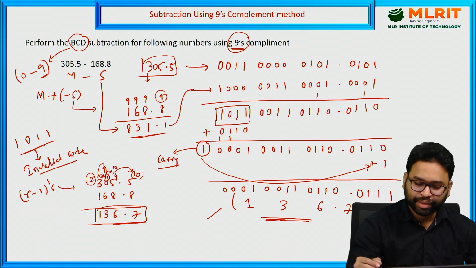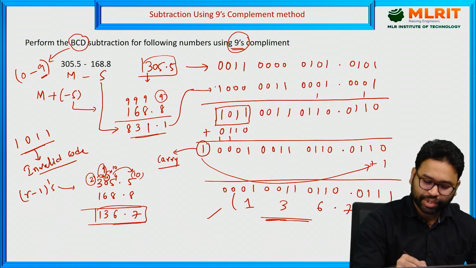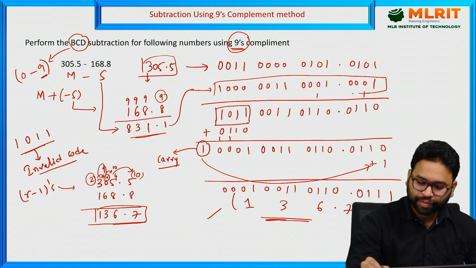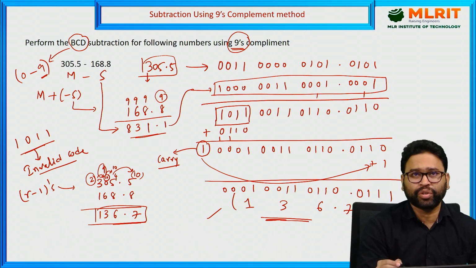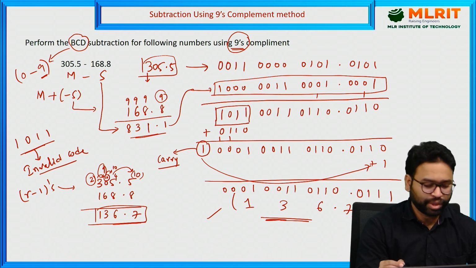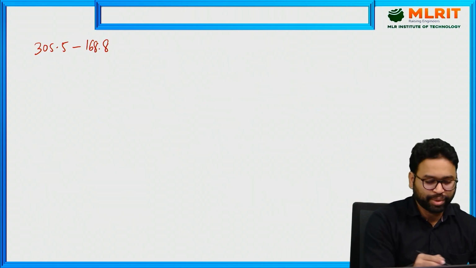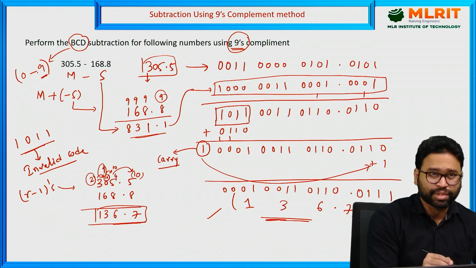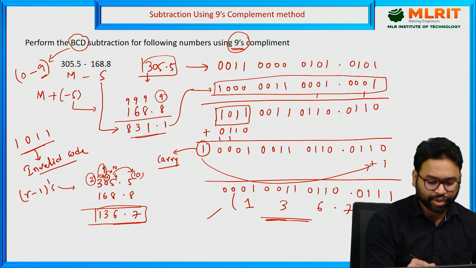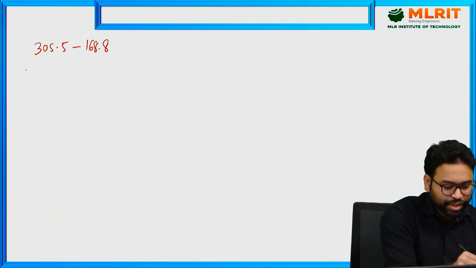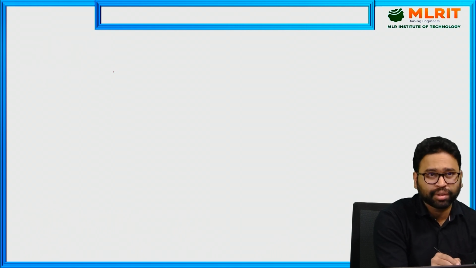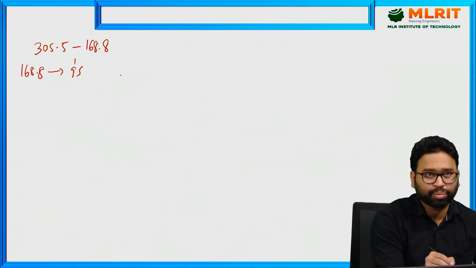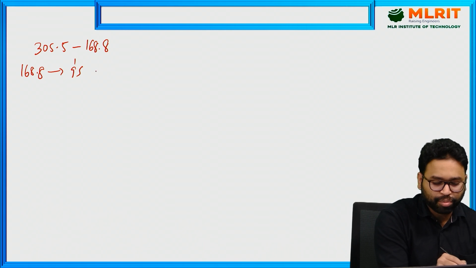So simply for this generated BCD code, we add 1 to the LSD, then it will be converted into a tens complement value. Okay, so for 168.8, its ninth complement is 831.1.